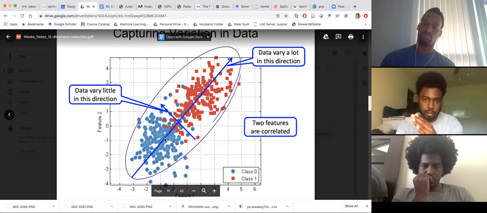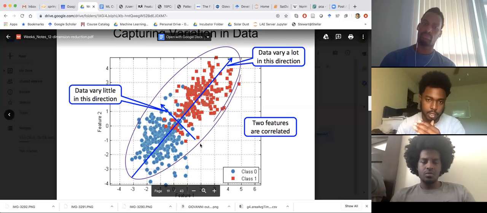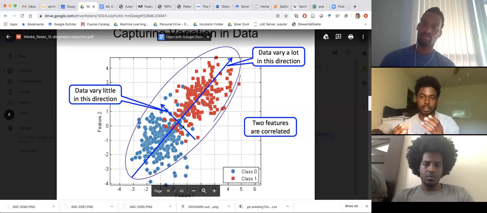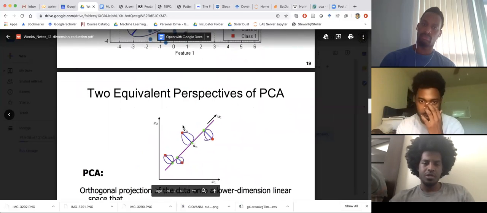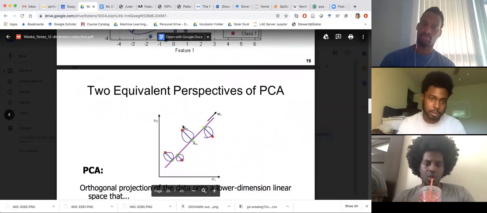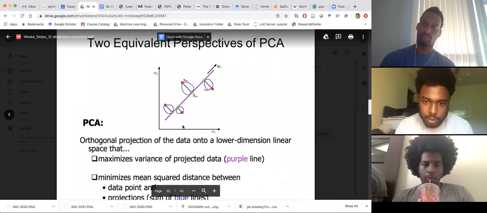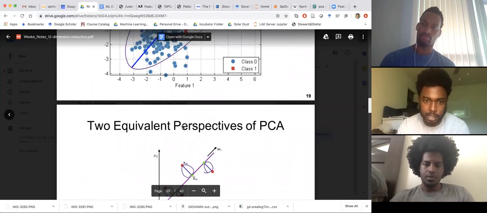If you took this line and this line and rotated it such that this is the X dimension and this is the Y, now you're looking at a different coordinate plane where the features are no longer correlated, right? Yeah, fully independent. So let's keep talking about this because we'll come back to that point, I believe.